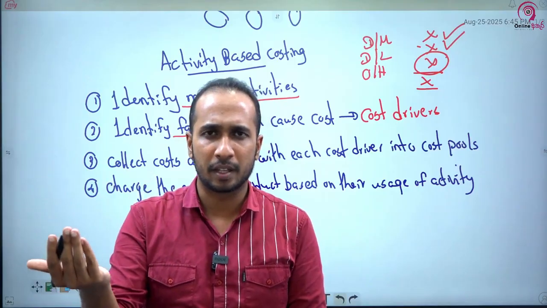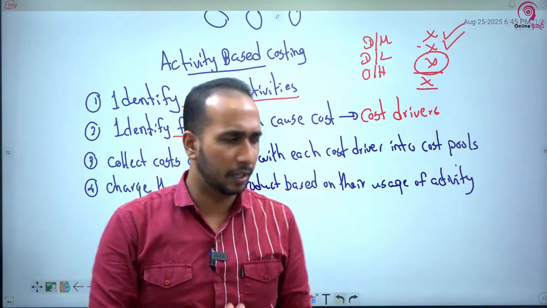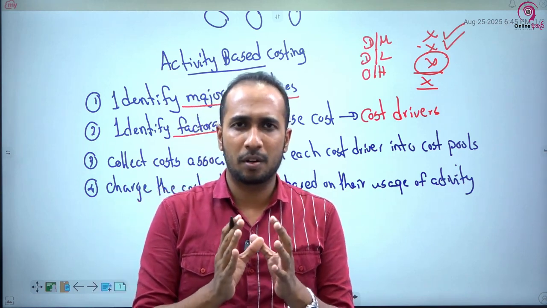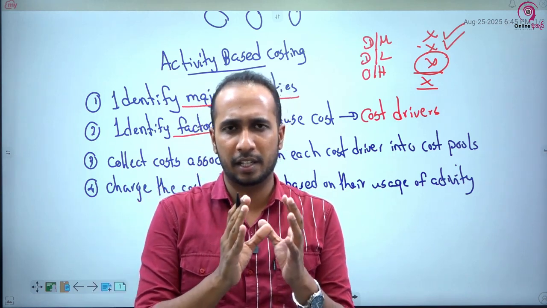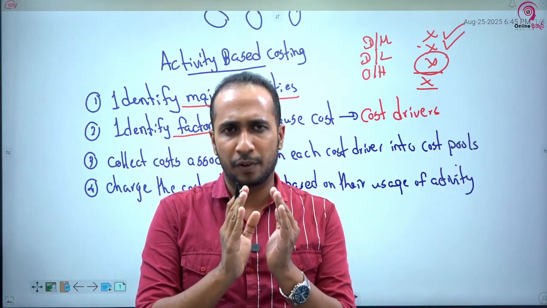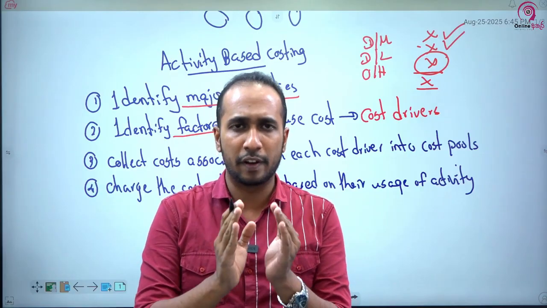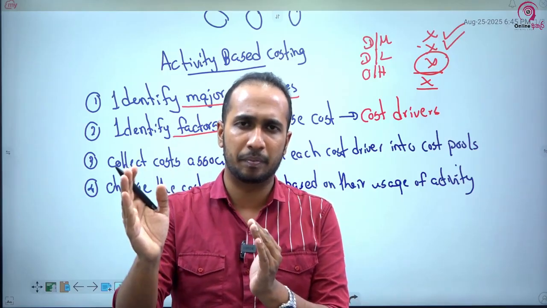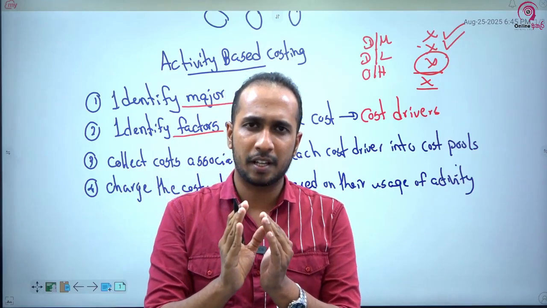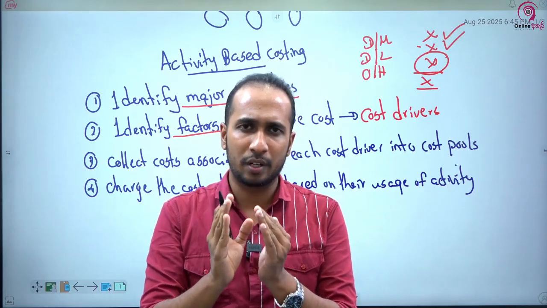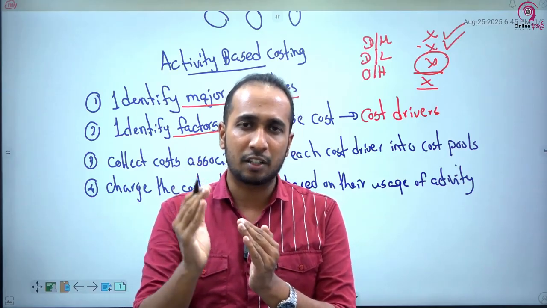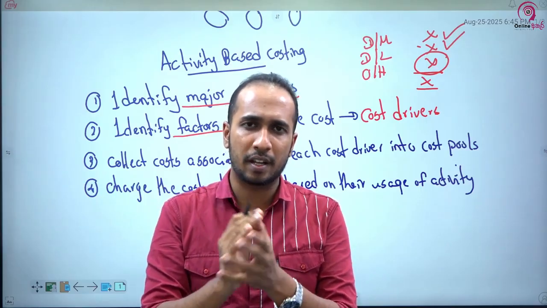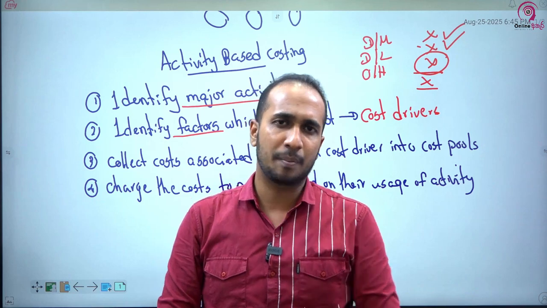Number of purchase orders. Just assume an organization has an activity called purchasing of material. Whenever we are placing more and more orders, our purchasing cost will go up. Therefore, we can identify the number of purchase orders as the factor that will cause the cost. So for this major activity, we need to identify the main factor that influences the cost increase.